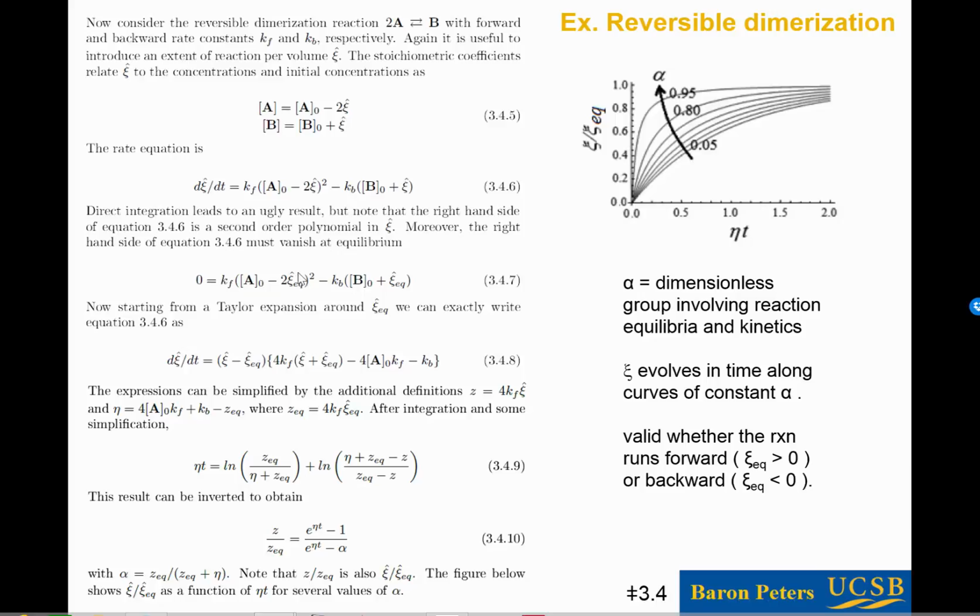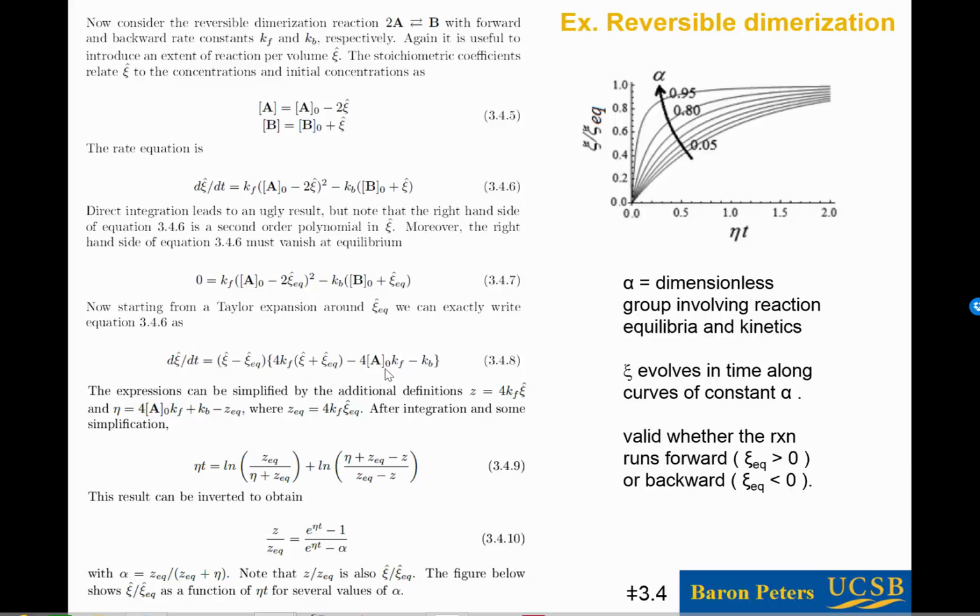Without even going through and solving for the value of this xi eq variable, we can go ahead and subtract this from this, and that gives us this equation that tells us the rate at which the extent of reaction is changing can be written as a product of two terms. One is the remaining deviation from the equilibrium extent of reaction, and the other one is this more complicated term that involves a couple of constants.